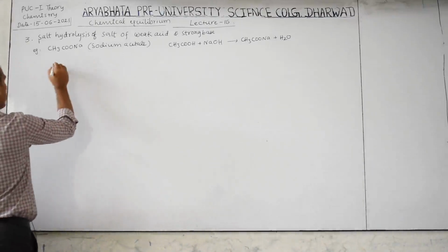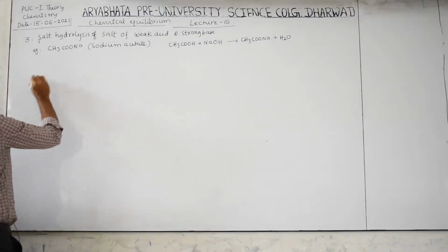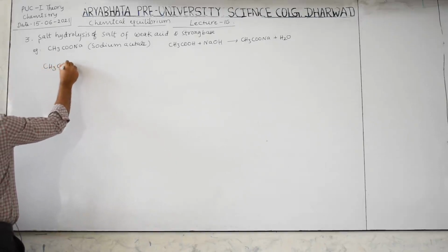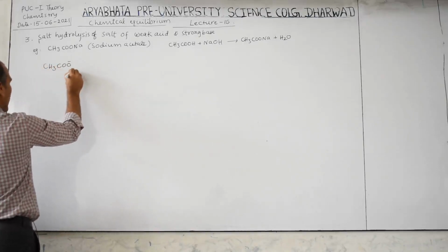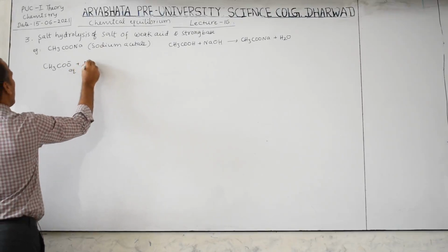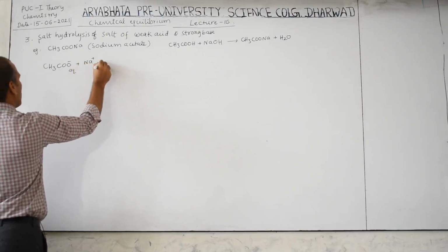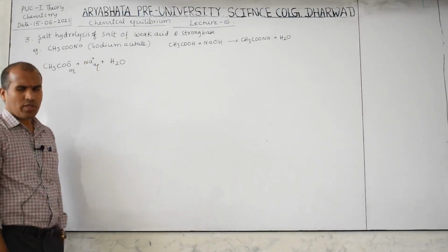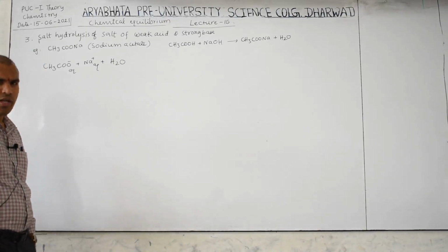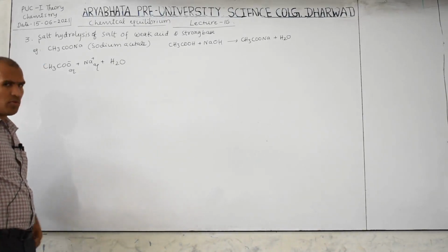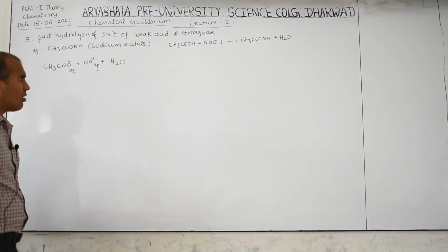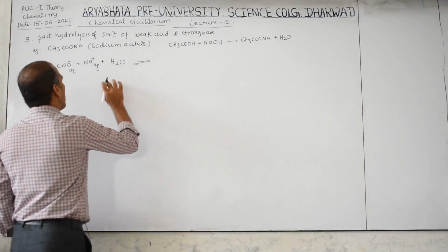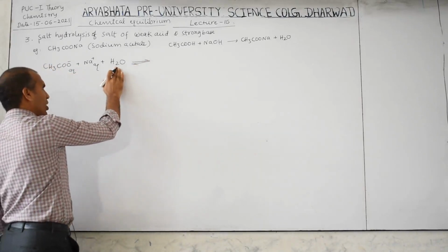Now, this salt is completely ionized, therefore I will write it in ion form: CH3COO minus aqueous plus Na plus aqueous. This reacts with the water. Already we know what salt hydrolysis means: cation or anion or both react with water to produce an acidic, basic or neutral solution. So here H plus and OH minus are there.